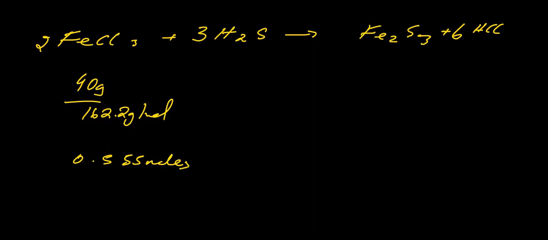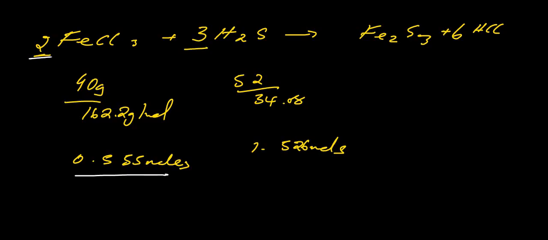Then for the hydrogen sulfide, the mass, which is 52 over the molar mass, is it 34.0 something? Dividing these two, I'm getting 1.526 moles. Then you divide by the integers in front, right? You divide this because the number of moles you've gotten is for 2, so divide it by 2. Same applies here, divide this one by 3.